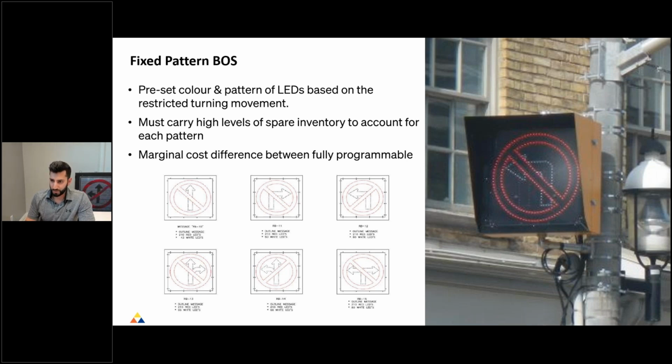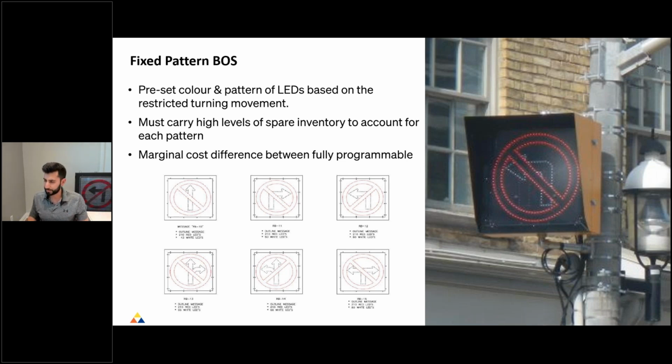The main drawback here is, once you purchase a fixed LED board, there really is no way to change that preset pattern of LEDs. You're sort of stuck with what you purchased. So if you wanted to restrict a wide variety of different turning movements in your municipality, you'd inevitably have to buy a wide variety of fixed LED boards.